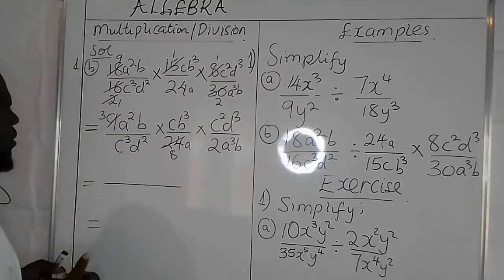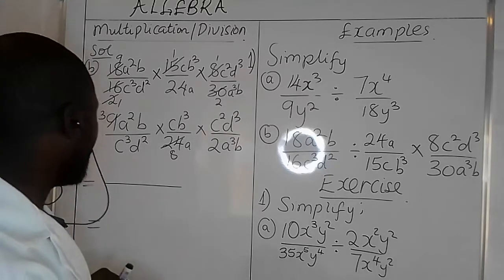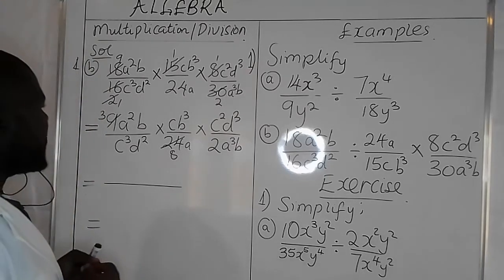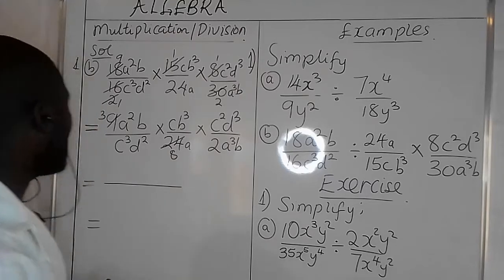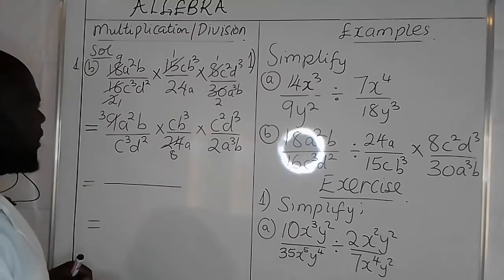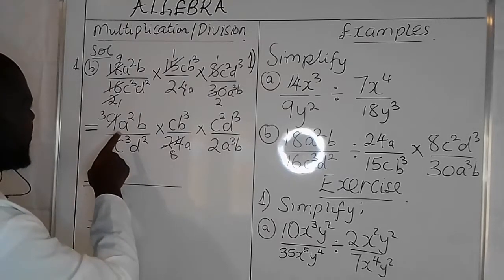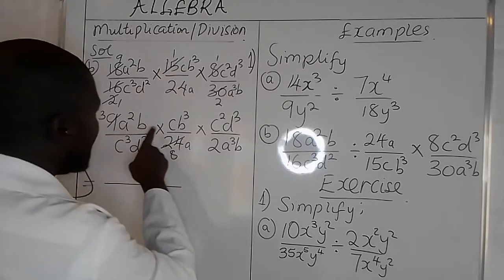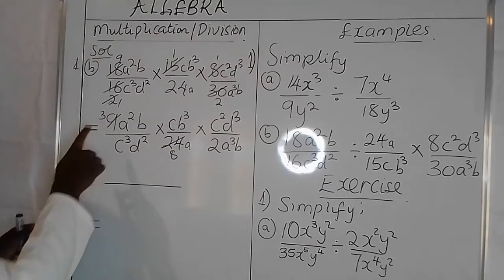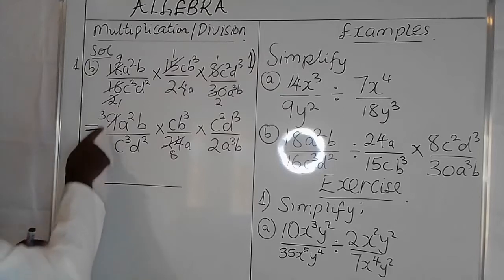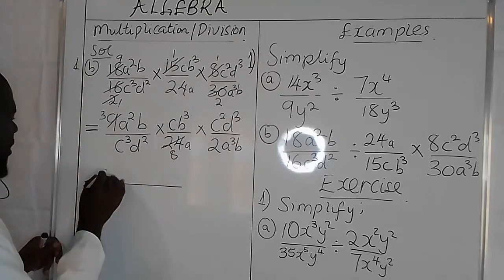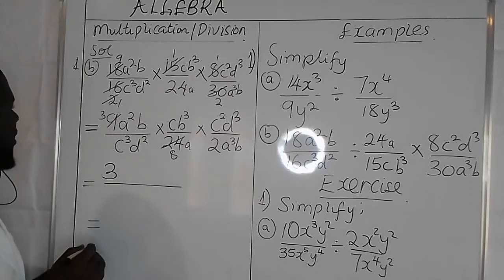So again, let's look now at the variables. When you look at the variables, let's check what is common also. Even before we do that, let's multiply. We have a 3 here as our numerator, so we copy it down.